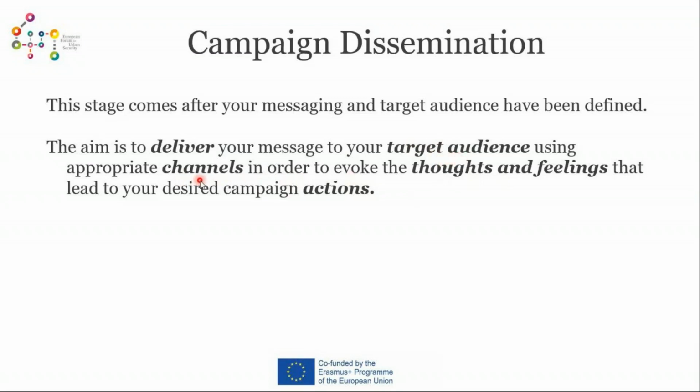And you may choose to use posters to do that, or videos on LinkedIn, because the aim is to evoke the kinds of thoughts and feelings that make them think, oh, maybe this is wrong, and maybe I should stop discriminating in hiring, that lead to your desired campaign actions, which is a reduction in discrimination in hiring.